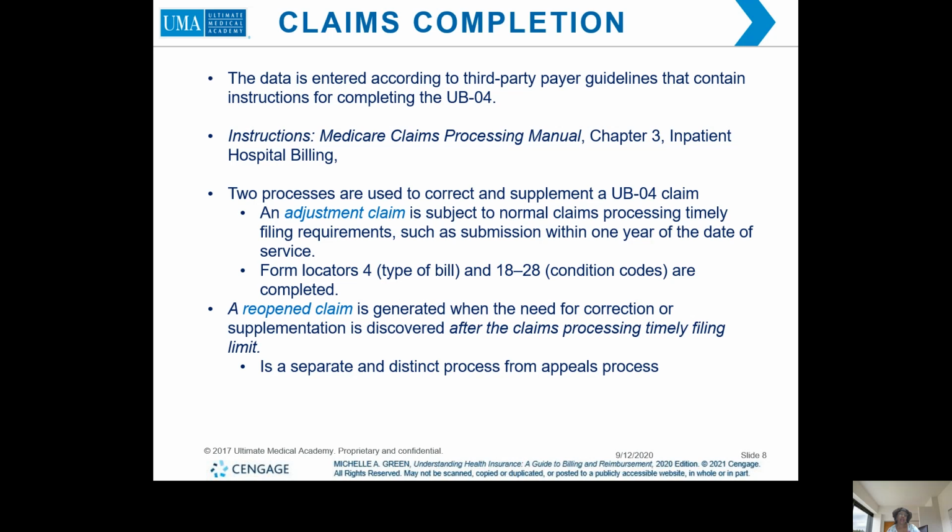This person had a hospital bed, medication, they could have had surgery, they could have had anesthesia. So it could be quite a lot of money on a UB04 claim. With that, it was just a quick overview of the UB04.